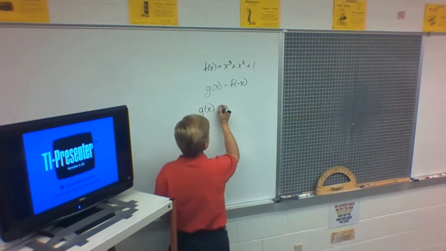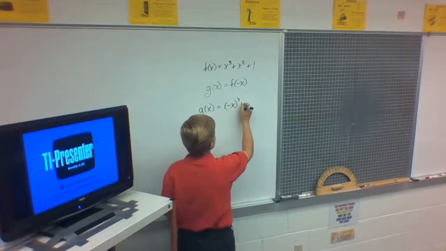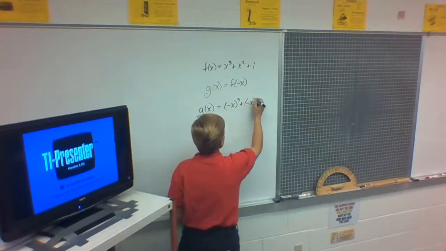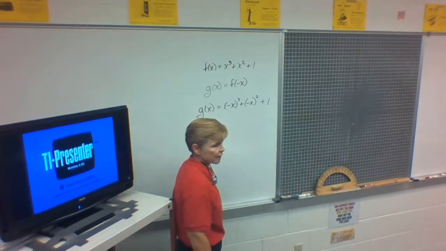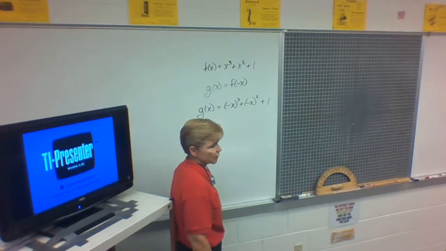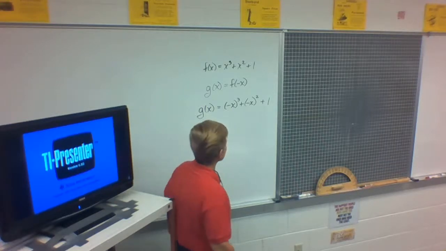So g at the outset is going to be negative x cubed plus negative x squared plus 1, because we're replacing all the x's with what's been now put in the parentheses. Do you see that? Yes, no? Everybody lost? Okay, you're okay. All right.